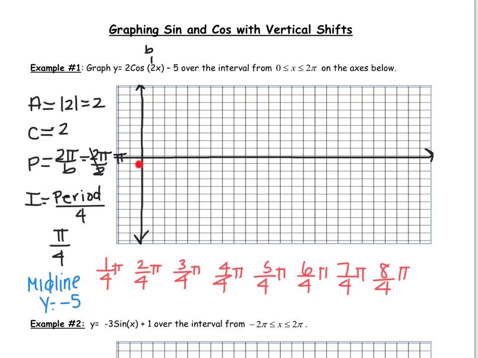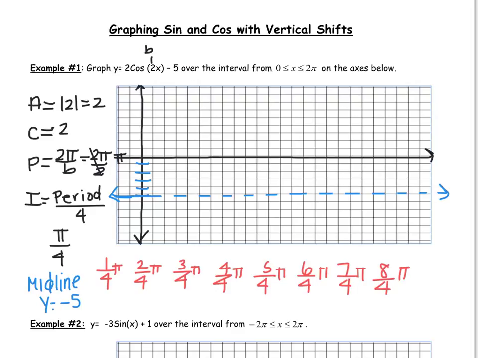So I can go ahead and go 1, 2, 3, 4, 5, and draw a line. Now you really should be drawing this line dotted because it's not technically part of the graph, which I can do here for us and make it dotted.